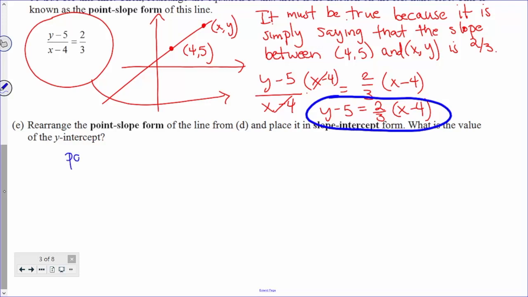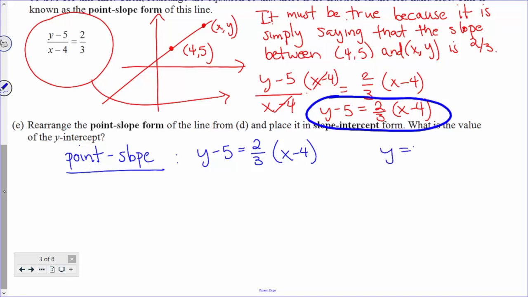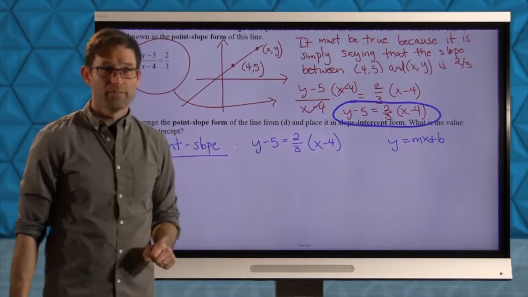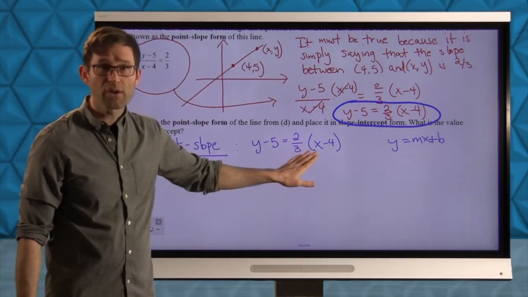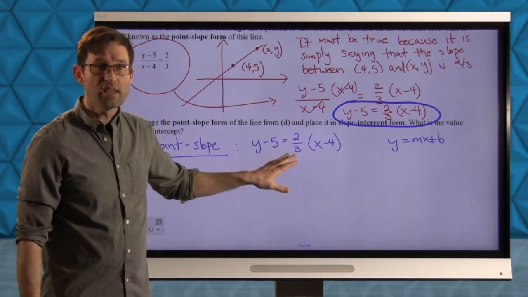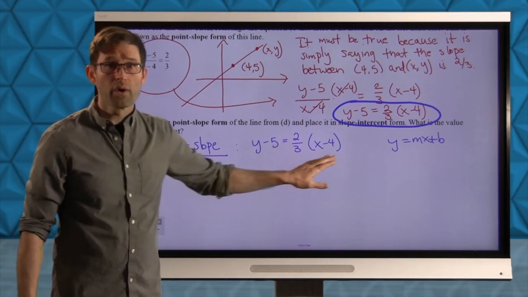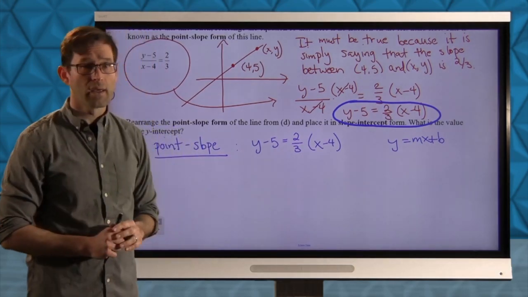So, again, lots more work, obviously, in this lesson, but point-slope form was y minus 5 equals 2/3 times x minus 4. What I want to do is now take this and get it to look like this. All right? So what I'd like you to do is take a few minutes, granted there's a fraction multiplication involved, and fraction addition, see if you can rearrange this into that, and then we'll take a look at it.